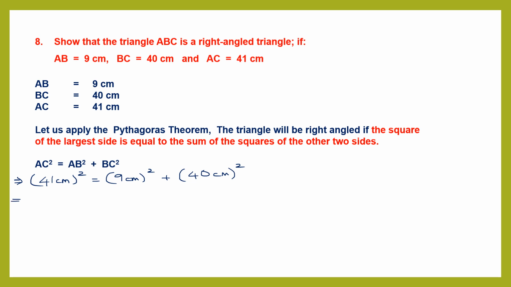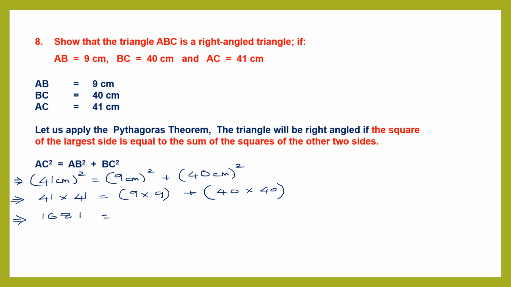So now let's work this out and see if both the sides are equal. So this is 41 into 41, and here it is 9 into 9 plus 40 into 40. So here how much is 41 into 41? That is 1681.